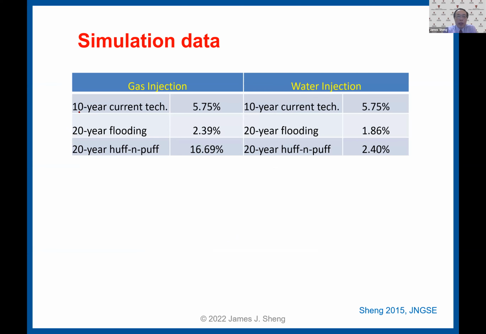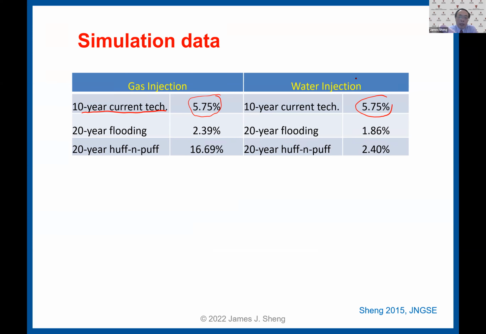First, initially is 10-year primary depletion using current technology, using horizontal wells and the fractures. From this model, oil recovery is about 5.75%, which is in line with what we expected from such a reservoir.